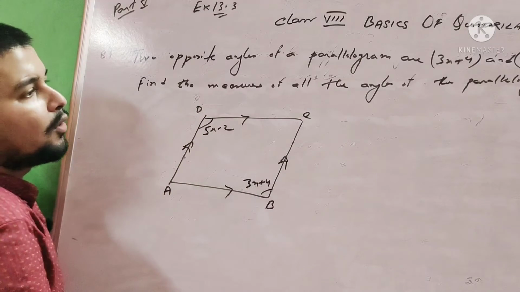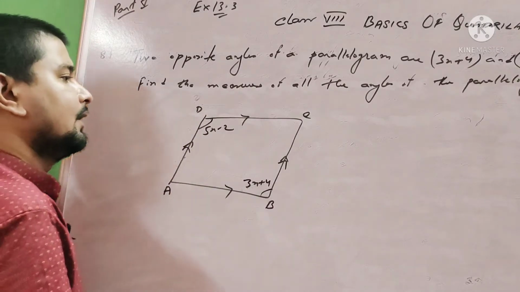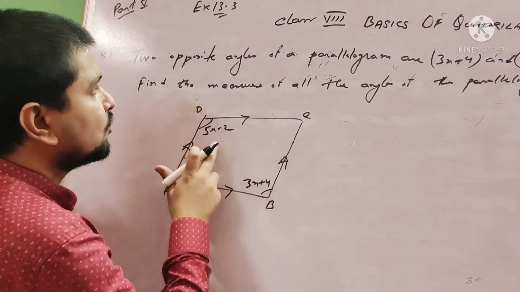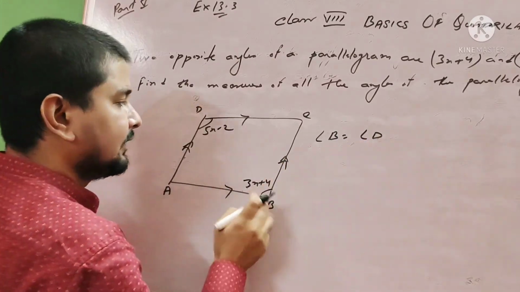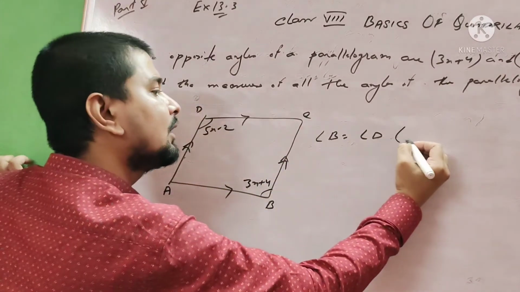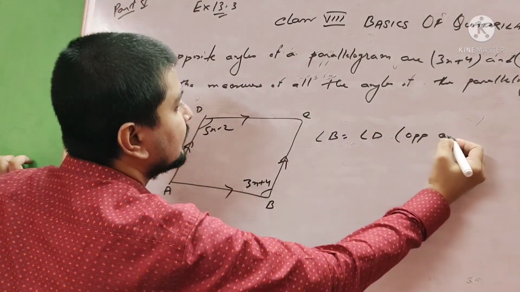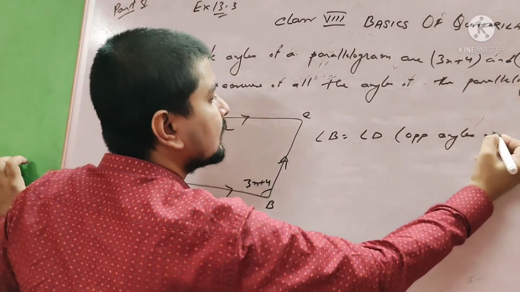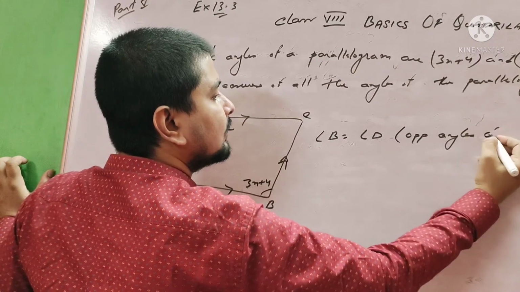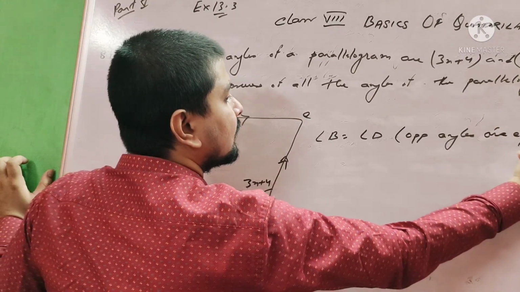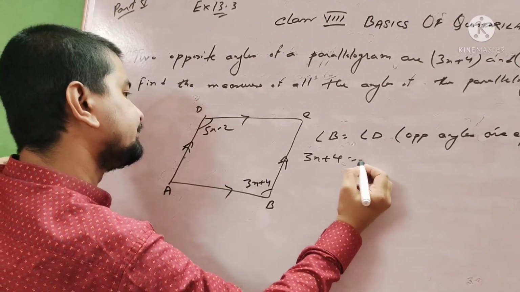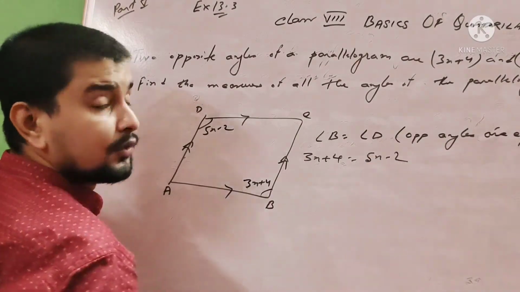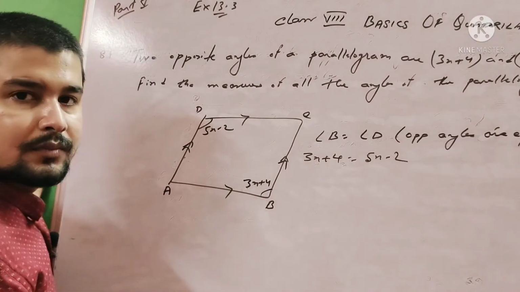Find the measures of all the angles. These two are opposite angles, so angle B equals angle D. Opposite angles are equal in a parallelogram. So in B, 3x plus 4, and in D, 5x minus 2.